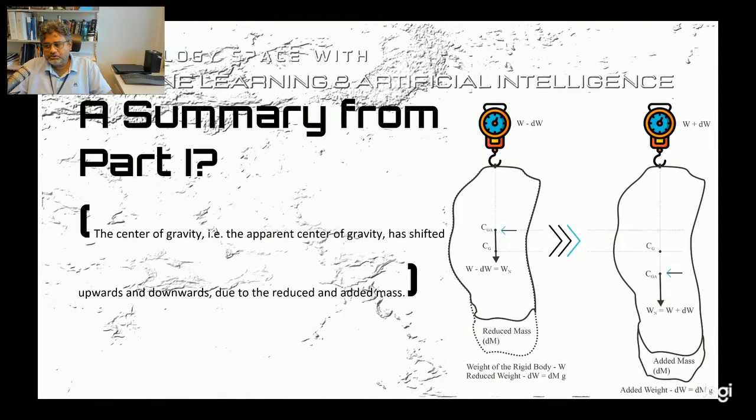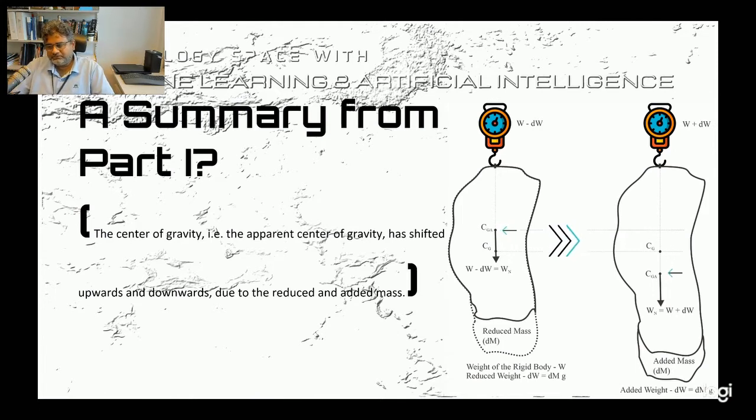What we mentioned was that if we are adding mass into this rigid body, the body itself feels like its weight has increased. Due to that, its center of gravity would shift towards the added mass. As you have noted, due to this mass configuration change in the rigid body, the center of gravity position will change.